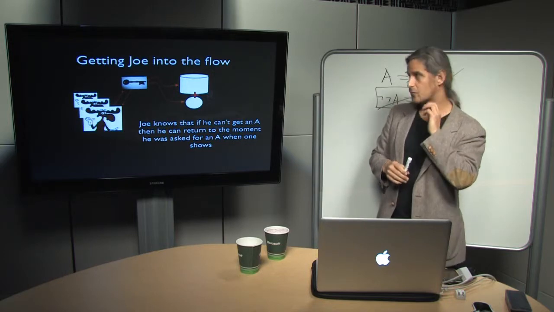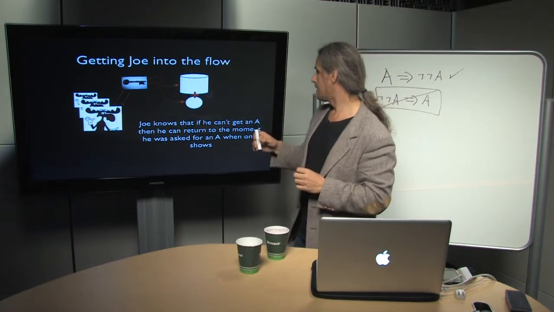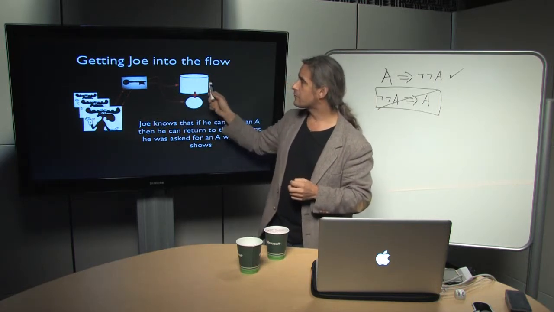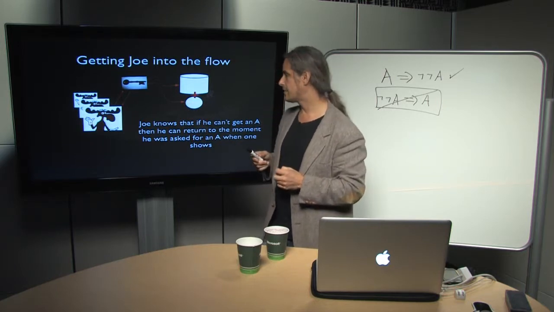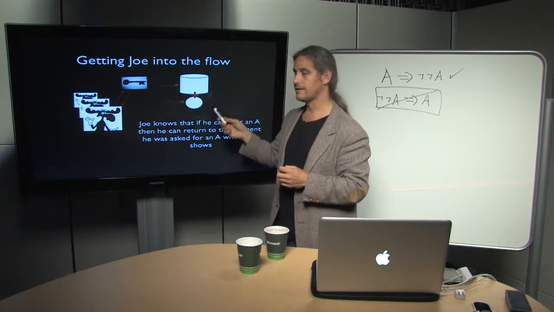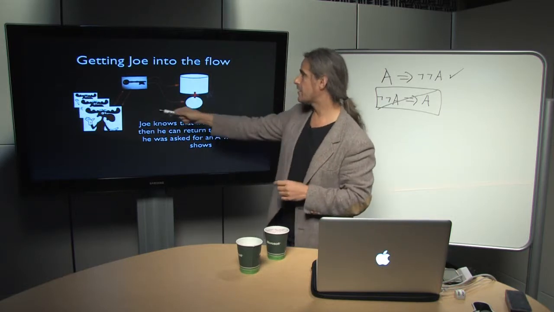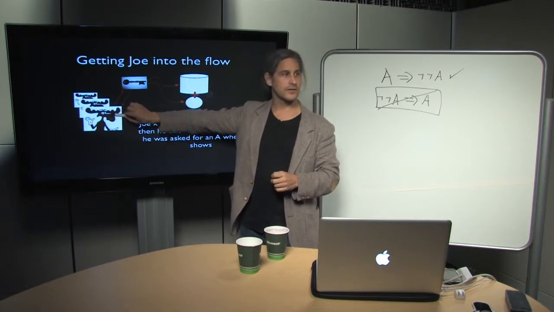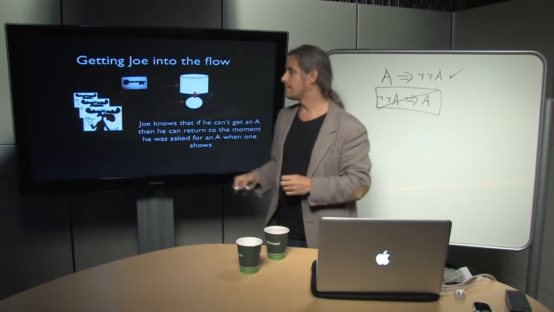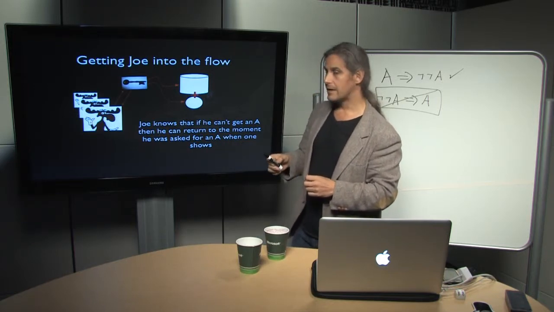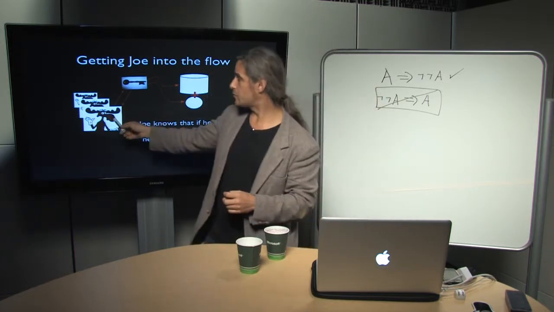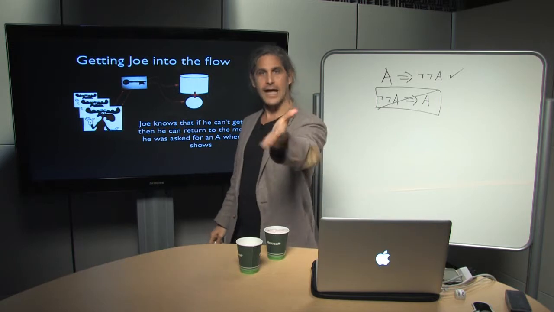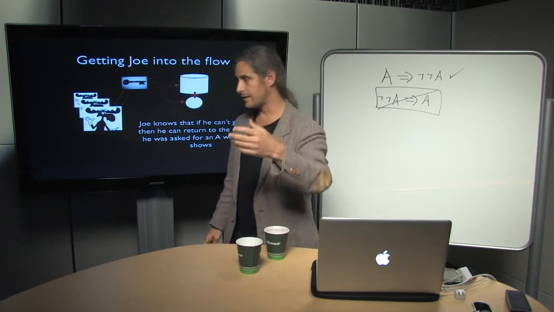Okay, so how does this work? Suppose that Joe walks up to our little key value database and says, is there an A? And if there isn't, the key value database remembers where Joe is in his computation. Okay? Then, if someone says to Joe, so I say to Joe, or someone in the audience says to Joe, hey, A, can you meet the demand for an A?